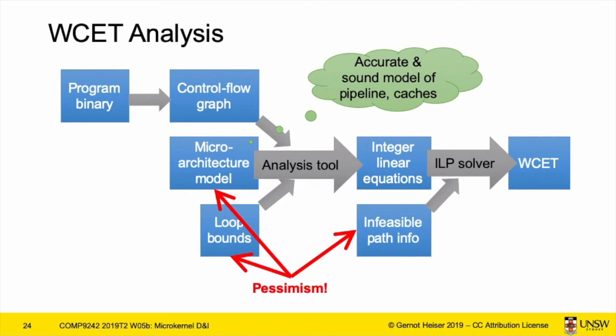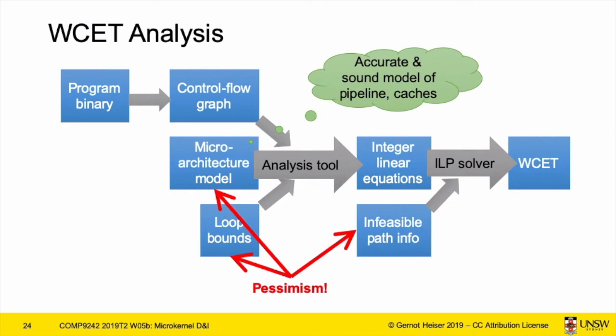If your infeasible path analysis is not complete, you get a pessimistic worst case execution time because it includes infeasible paths. And depending on how sophisticated the architecture model is, you get more or less pessimistic results. In the worst case, you ignore pipelining and just use the worst case latency of every instruction, and that typically gives you a result that's about an order of magnitude too big.